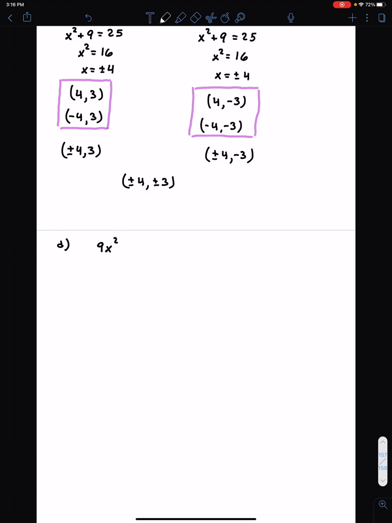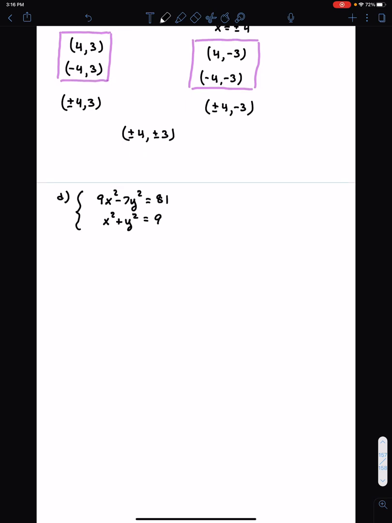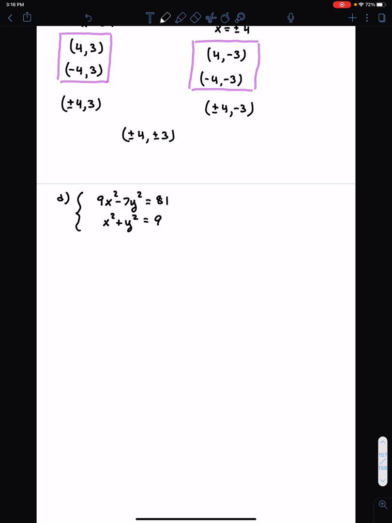9x squared minus 7y squared equals 81, and x squared plus y squared is equal to 9. So on this system, I'm looking for where a hyperbola intersects a circle. I'll do elimination.